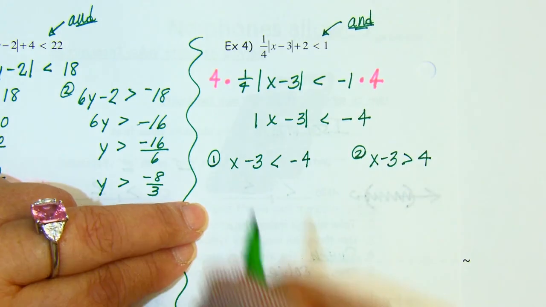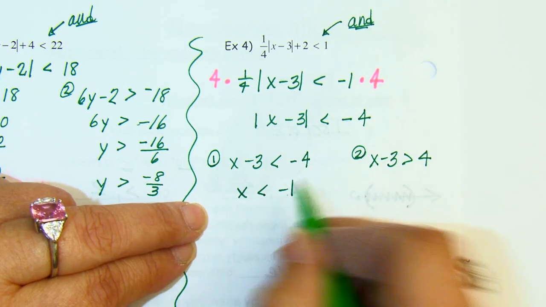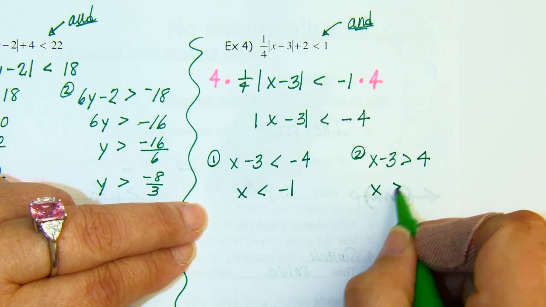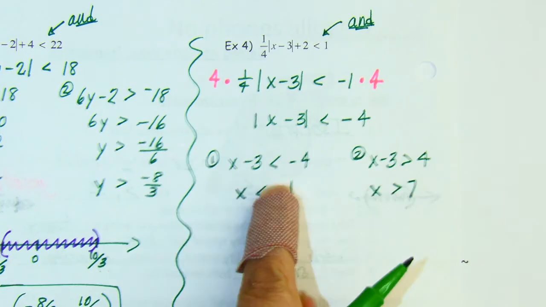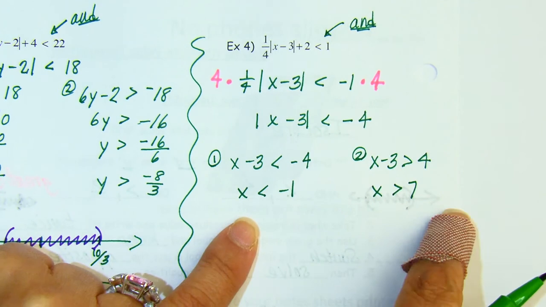Okay, now we're going to solve this. We're going to say x is less than negative 1, and here we're going to say x is greater than 7. So this negative 1 is to the left of 7. This is going to graph like an OR.